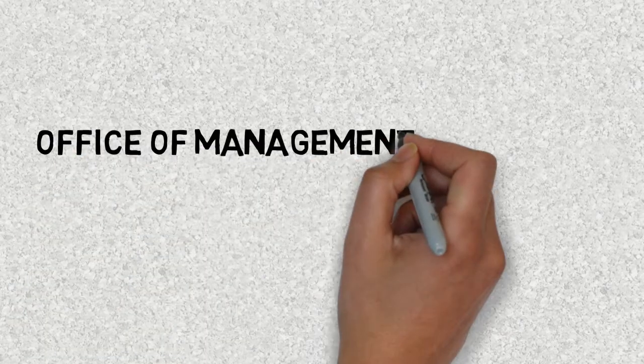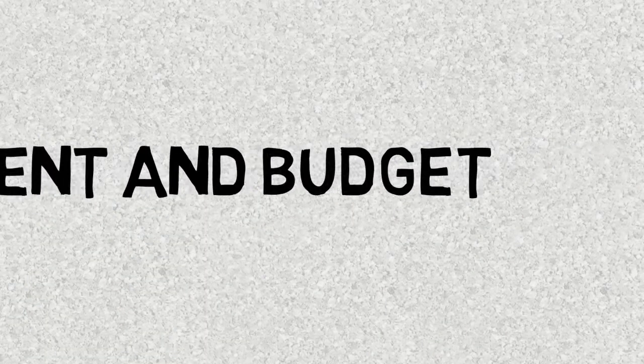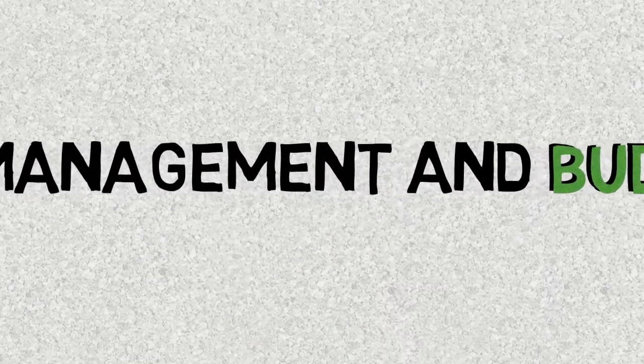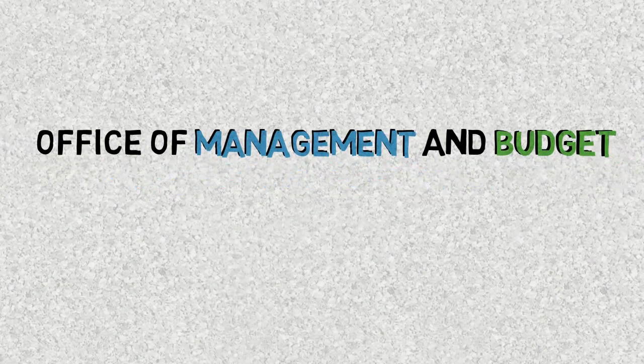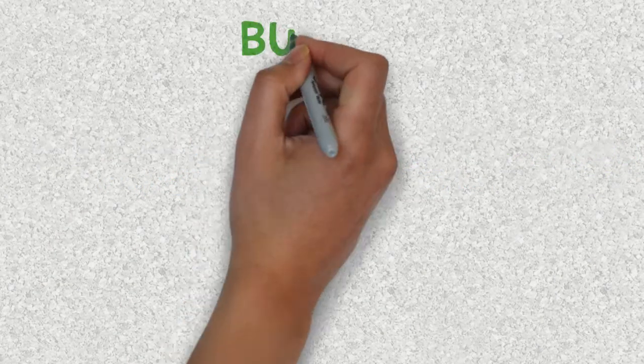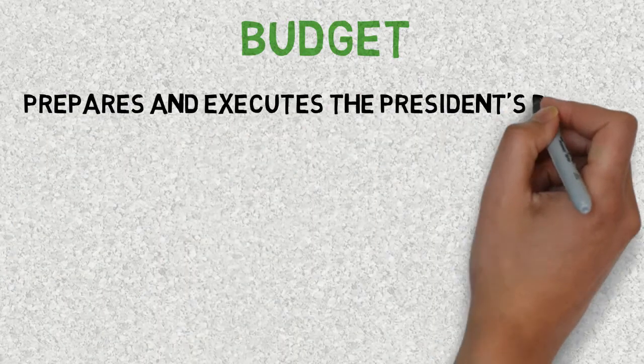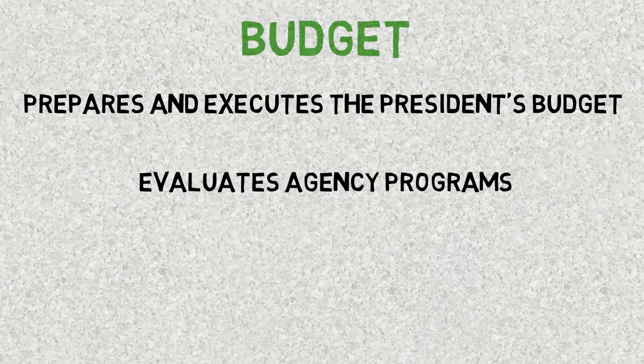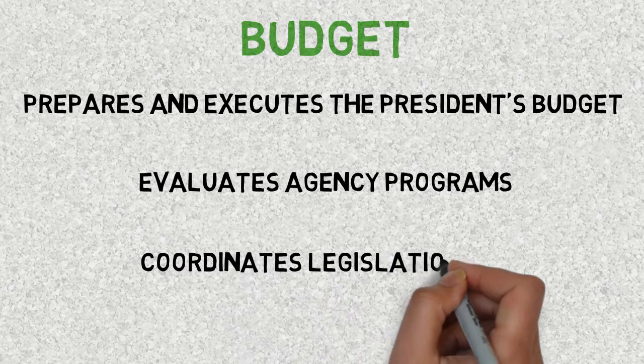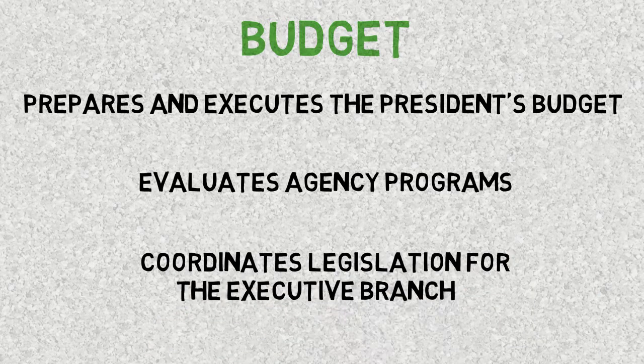OMB is organized into two distinct but complementary functions, the budget side and the management side. The budget side of OMB prepares and executes the President's budget, evaluates agency programs, and coordinates legislation for the executive branch. In this video, however, we'll focus on the management side.